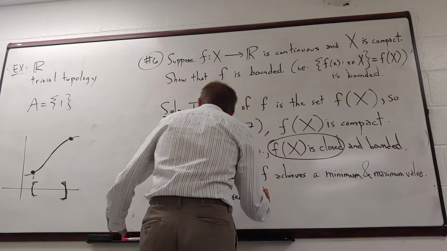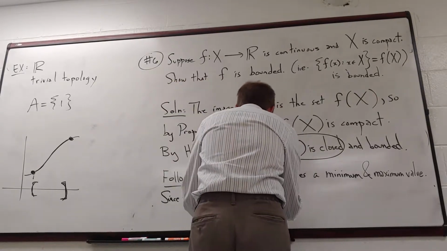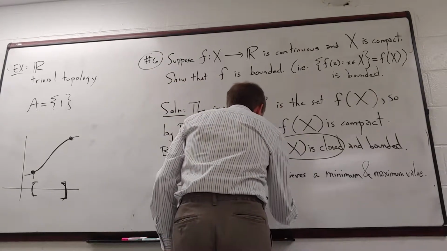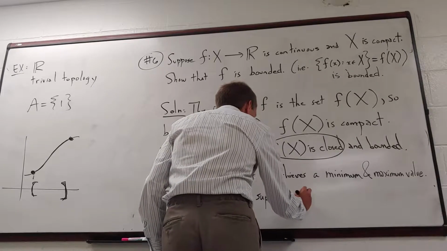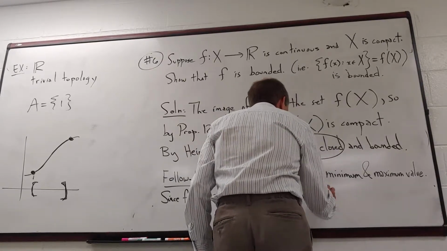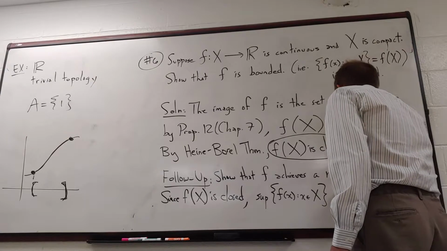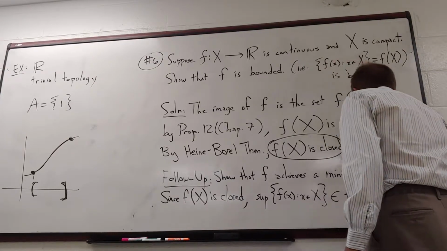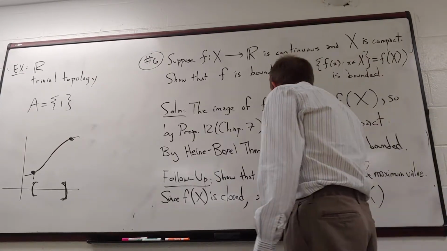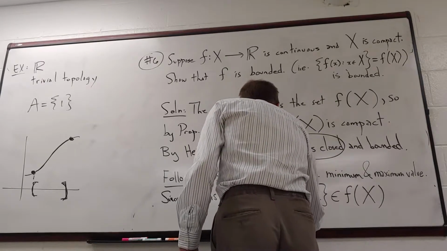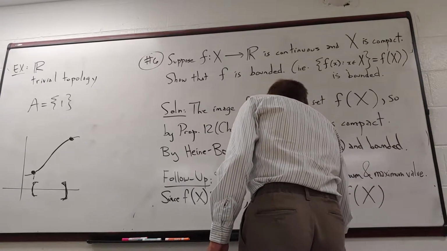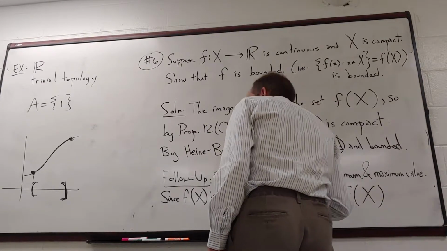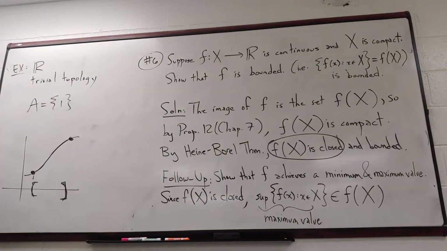The supremum of the set of f of x's where x is in capital X is an element of f of capital X. And this one right here is the maximum value. The supremum of all of those numbers. It has to actually be f of something.